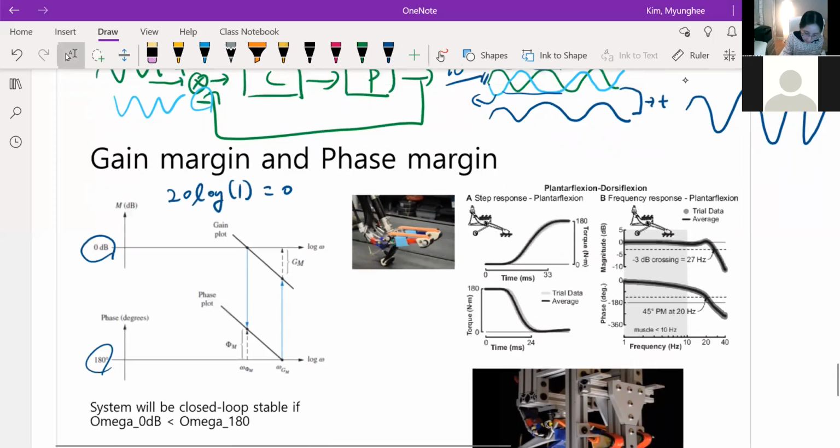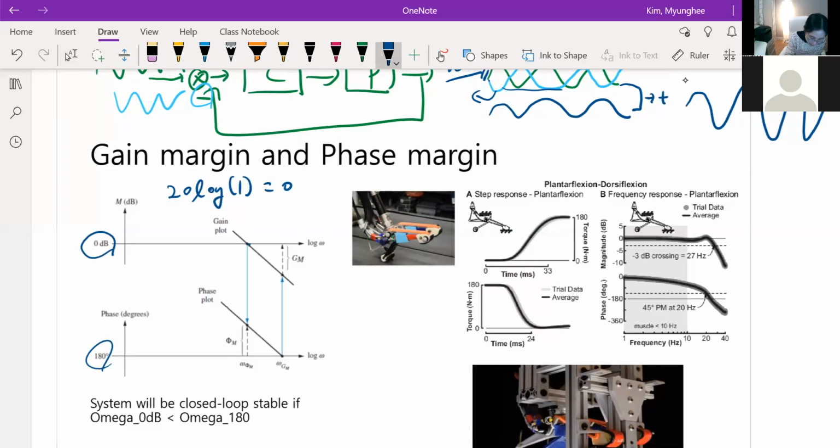So the phase margin is discussed when the gain reaches 0: you just draw a line and see if there's room until it reaches 180 degrees. That is the phase margin.